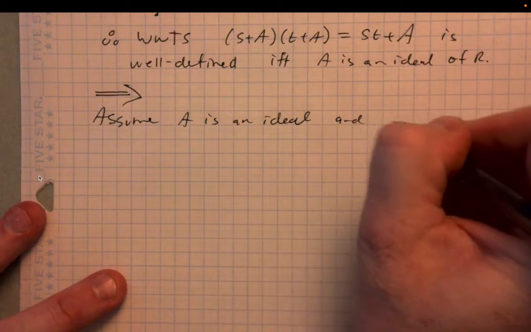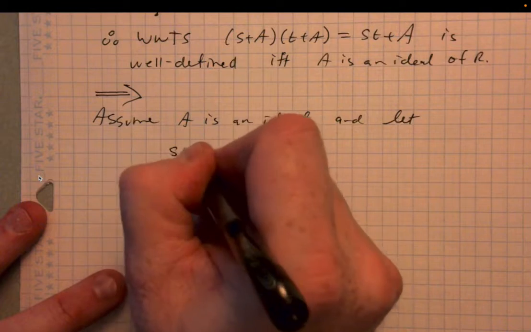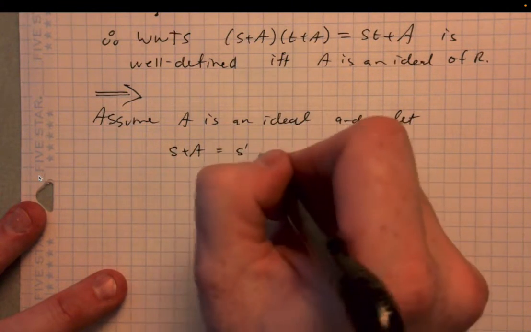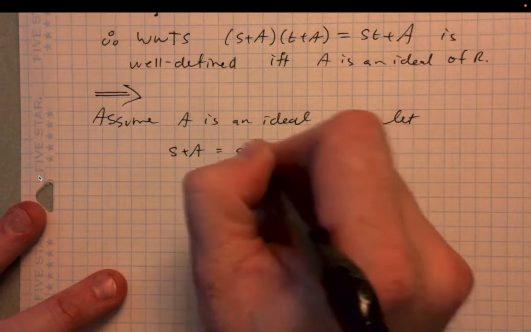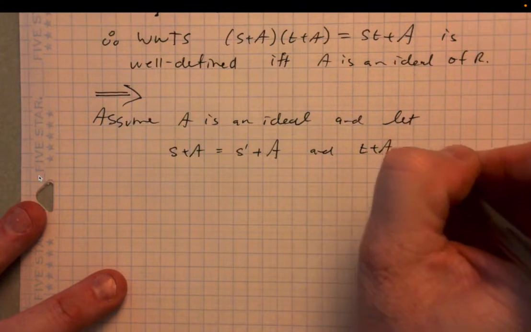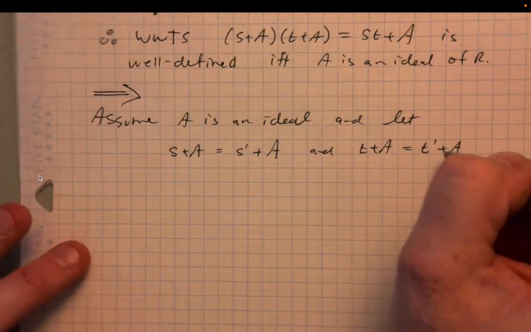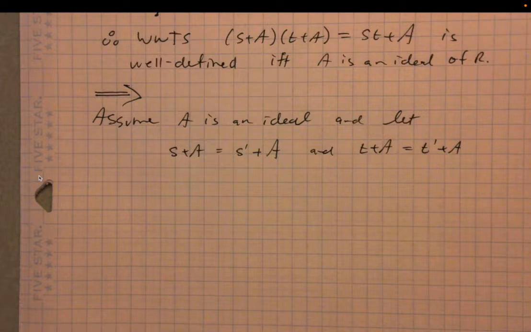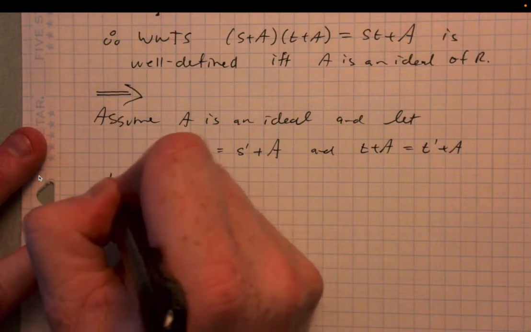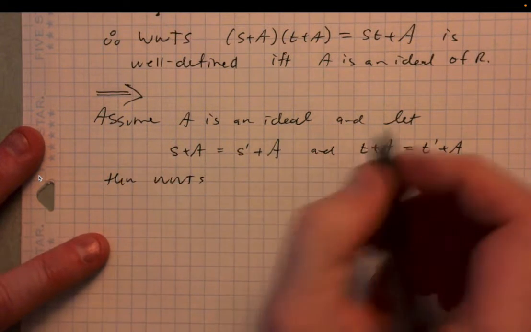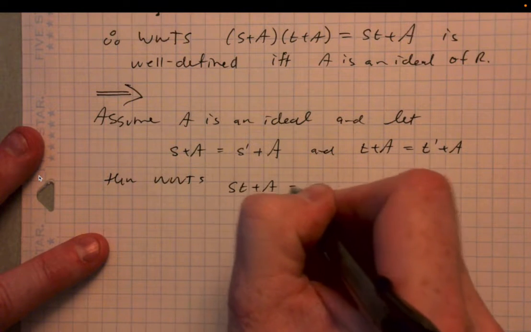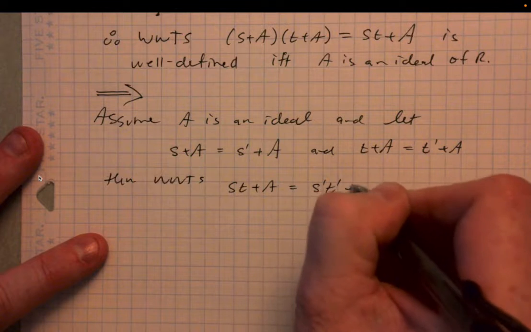And let S plus A equal S prime plus A, and then we'll need another one, so T plus A, we'll let that equal T prime plus A. Now what we need to show is that if this is true, then ST plus A will have to be equal to S prime T prime plus A, right?